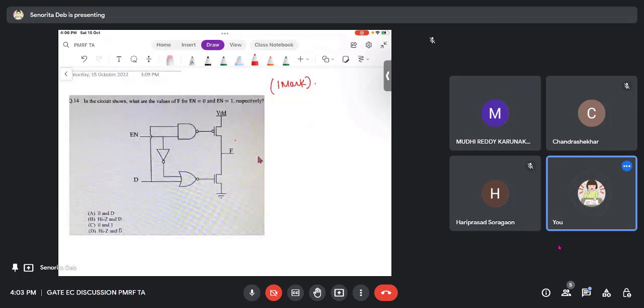Okay, then what will be the output? High impedance state. Okay. So what is the option you want to go with? Option B. Okay. So anyone else? Chandrasekhar or Hari Prasad?